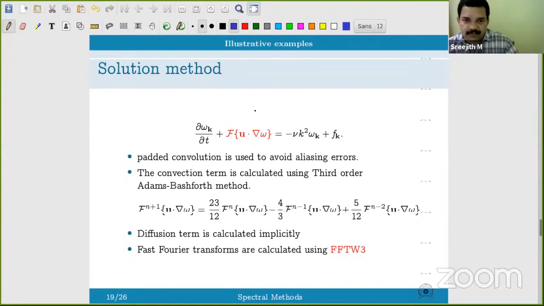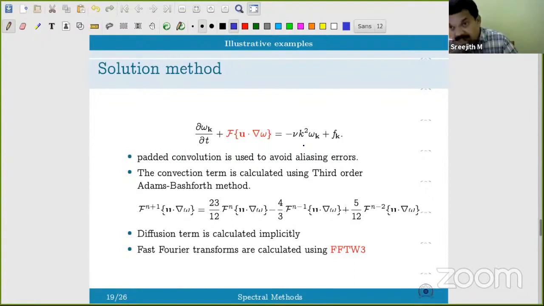So here you have an ordinary differential equation. You can use some stepping method for the transient term and also for the convection term.